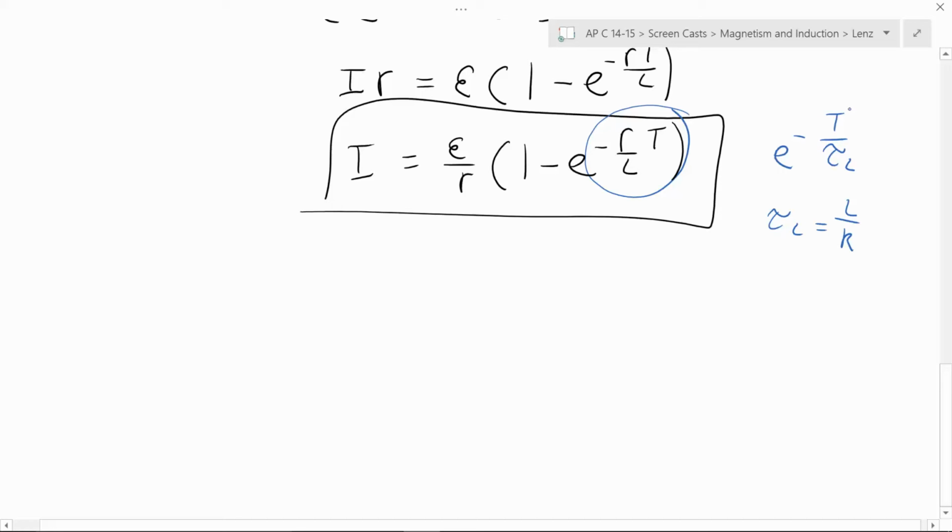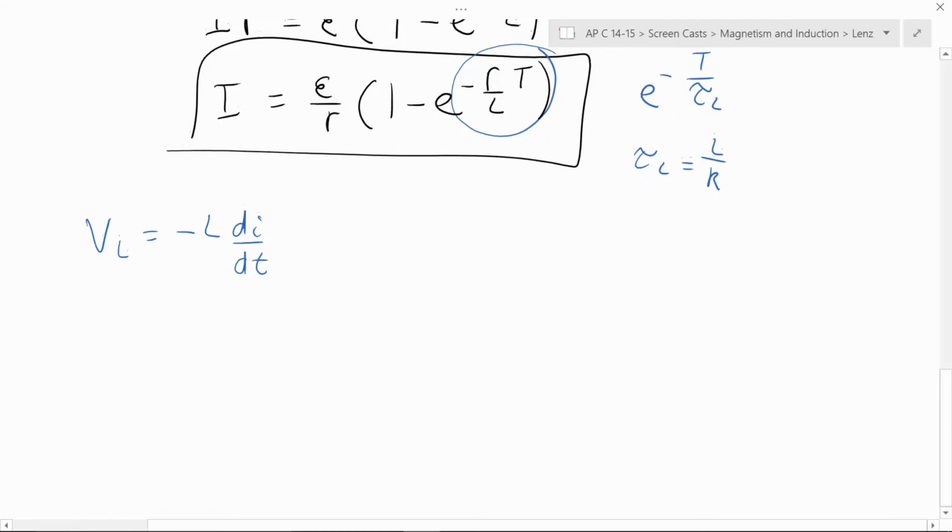36.7%. Now, what if we wanted to know the voltage of the inductor? Well, we saw that the voltage of the inductor, or the EMF of the inductor, is negative L dI/dt. Well, what's dI/dt?